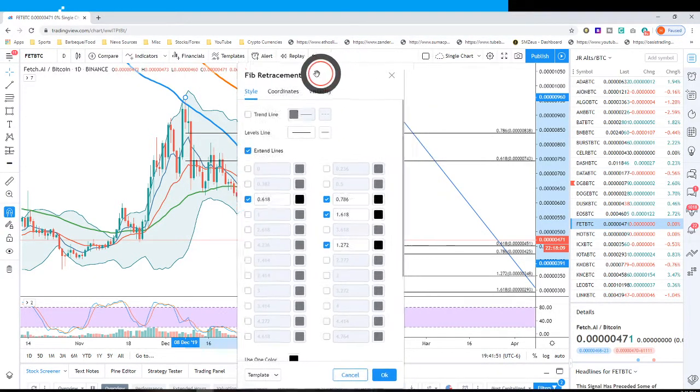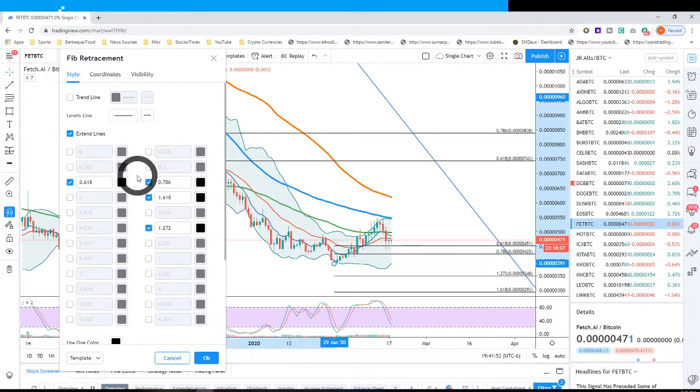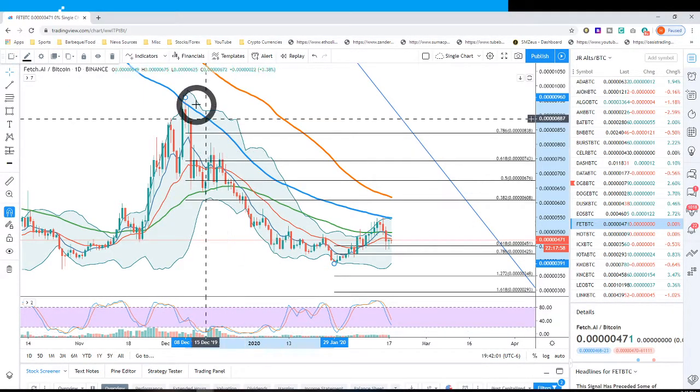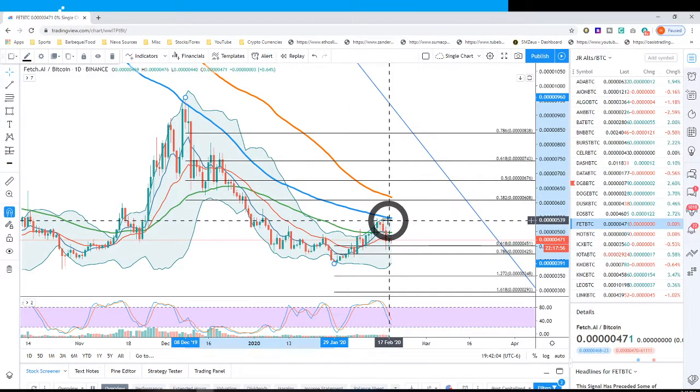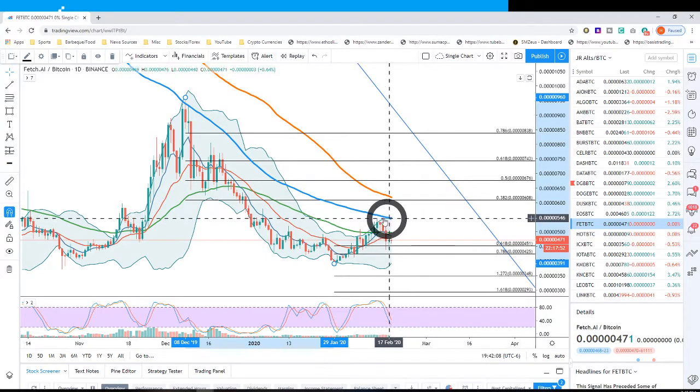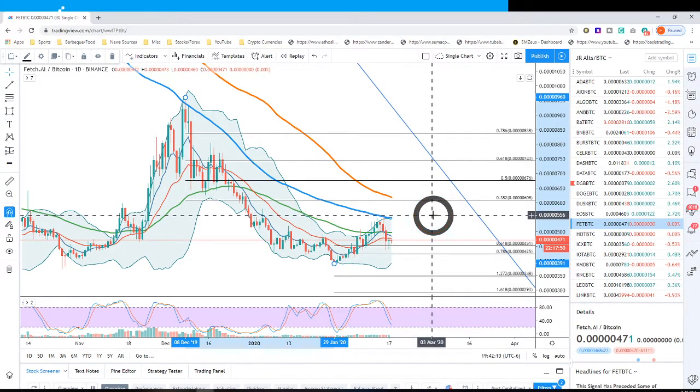I wonder if that's a 38.2 blocking it. I'll bet it is. Nope, it's not. Is it 23.6? No. Okay. So Fibonacci wise, it did break the 23.6, but what stopped it was the 200-day moving average.